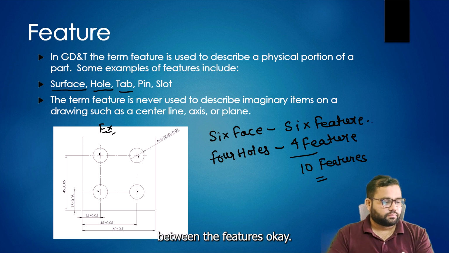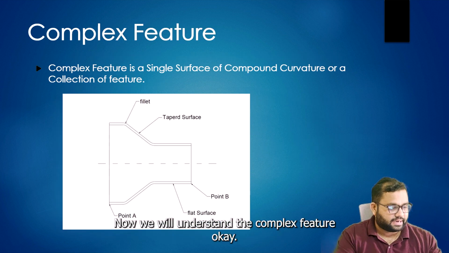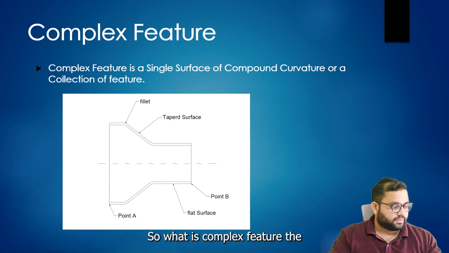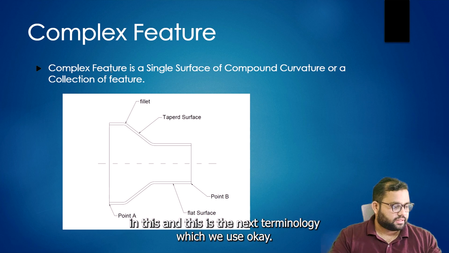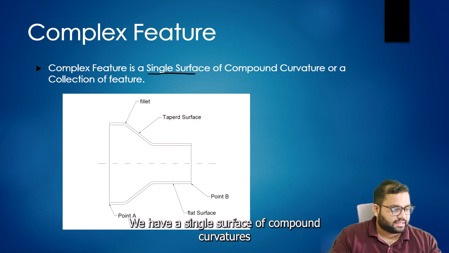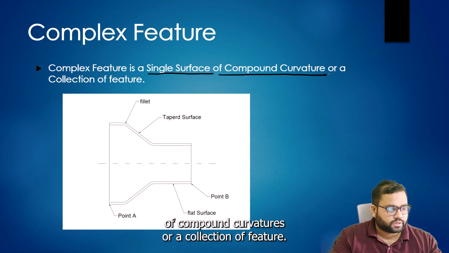Now we will understand the complex feature. This is the next terminology which we use. A complex feature is nothing but a single surface of compound curvature, or a collection of features.